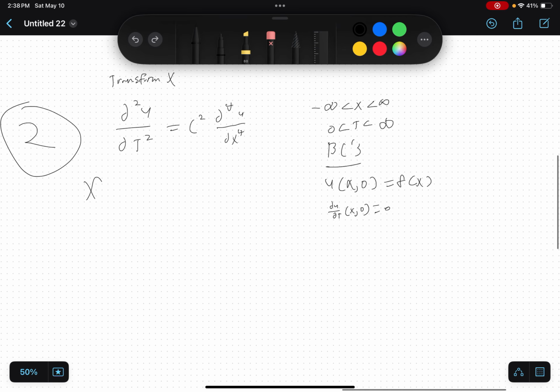Cool. Fourier on x of, let's do this one first. Equals, that should just equal, yeah.